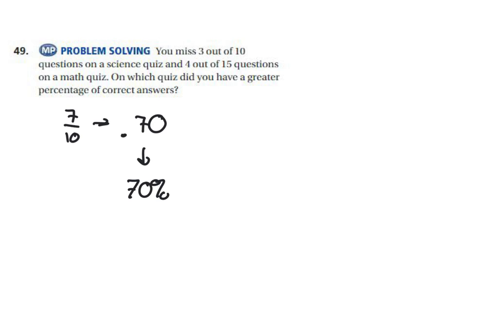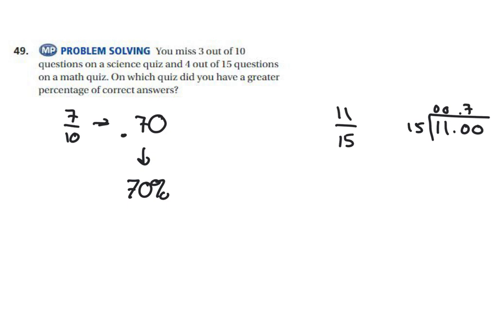On your math quiz, you missed 4 out of 15, which means you got 11 out of 15 correct. This one's not so easy to just turn to a decimal, so we have to do long division. 11 divided by 15. 15 doesn't go into 1 or 11. 15 goes into 110 7 times.